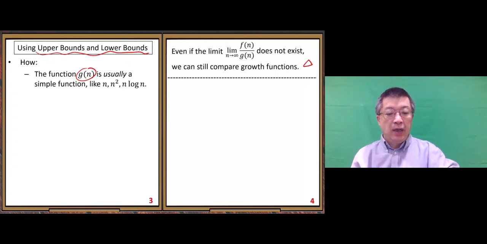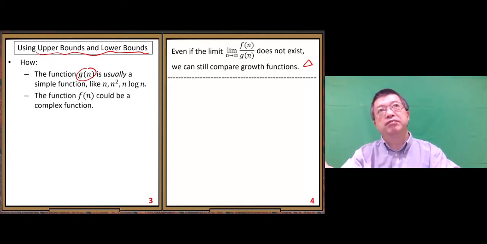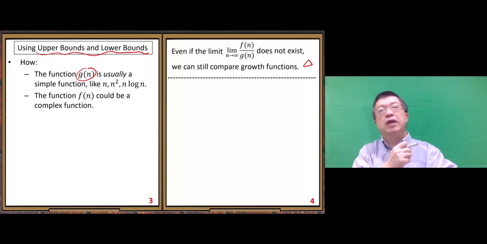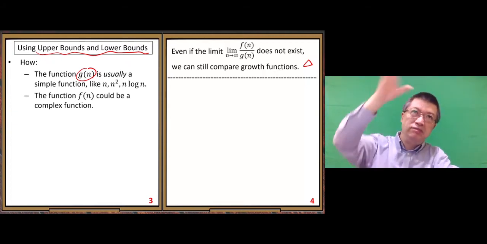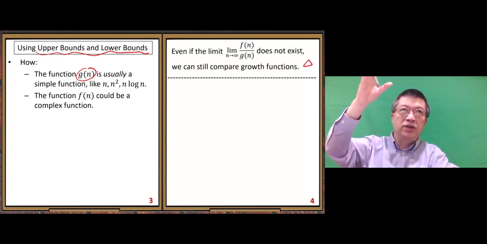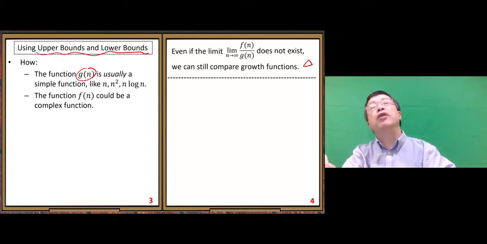And f of n could be a complex function. G of n is a known simple function. F of n is a harder, more complex function, but we want to know its growth function, the order of growth.